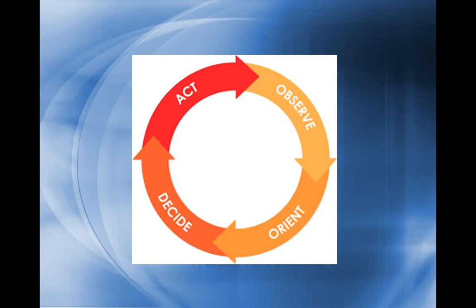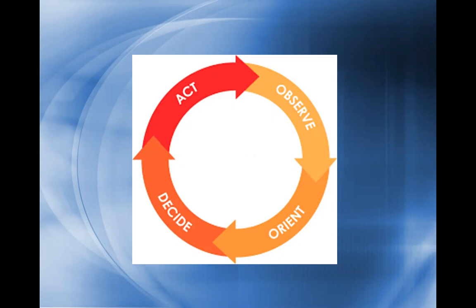Our best course of action is to offer choices. Our best course of action is to ask that person to leave. Our best course of action is to call someone to get help, to call a supervisor, whatever that may be. And then from there, we look at the action we're going to take and we put the action into motion.